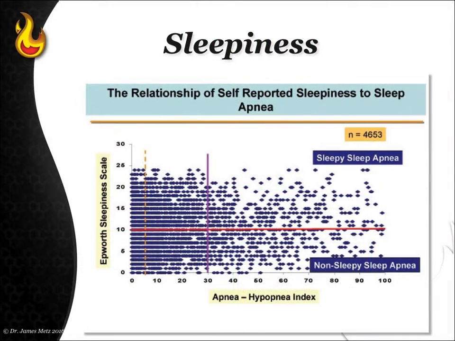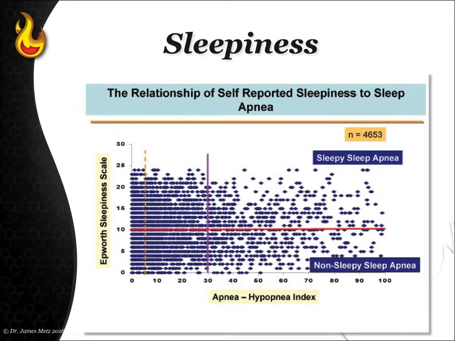The last one is sleepiness. I get a lot of pushback from people because they say, well, I'm not sleepy. Well, what this shows is over 4,000 patients from Pittsburgh in the sleep clinic there. The red line going down the middle horizontally shows above that people were sleepy, below that they're not.